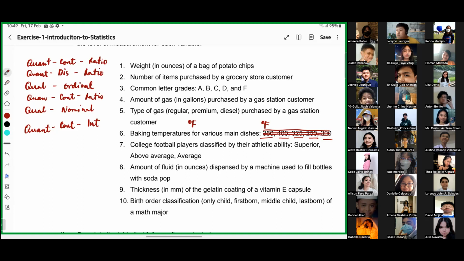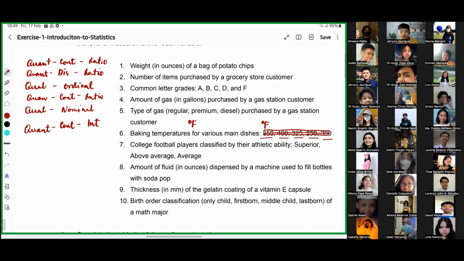So, malamig siya. Medyo confusing kasi nga, baking temperature, no? Pero ang titingnan natin dito is temperature in degrees Fahrenheit. Okay ba yun, Amira? Okay po, thank you po, sir.